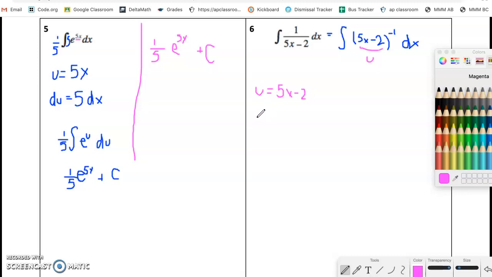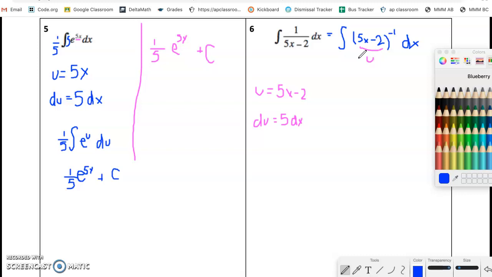Then my du is just going to be 5 dx. So my derivative of this expression.